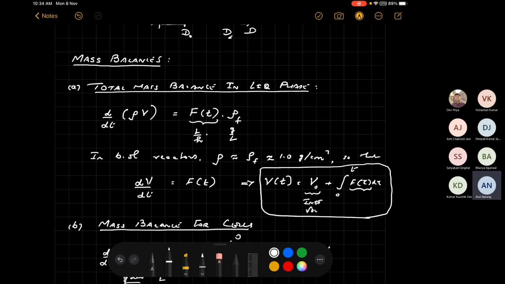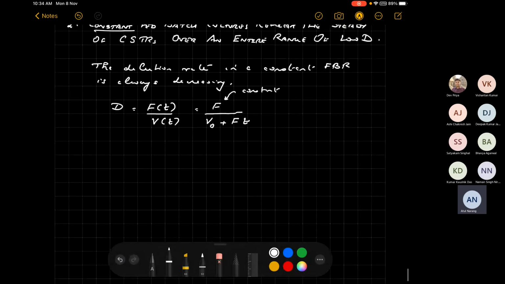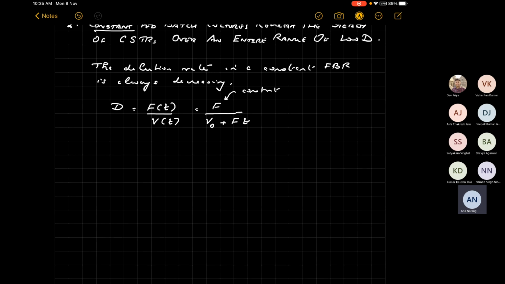So essentially, the volume at any particular time in a constant fed batch reactor, I can show this graphically. If this is time, then essentially your volume is growing like this.